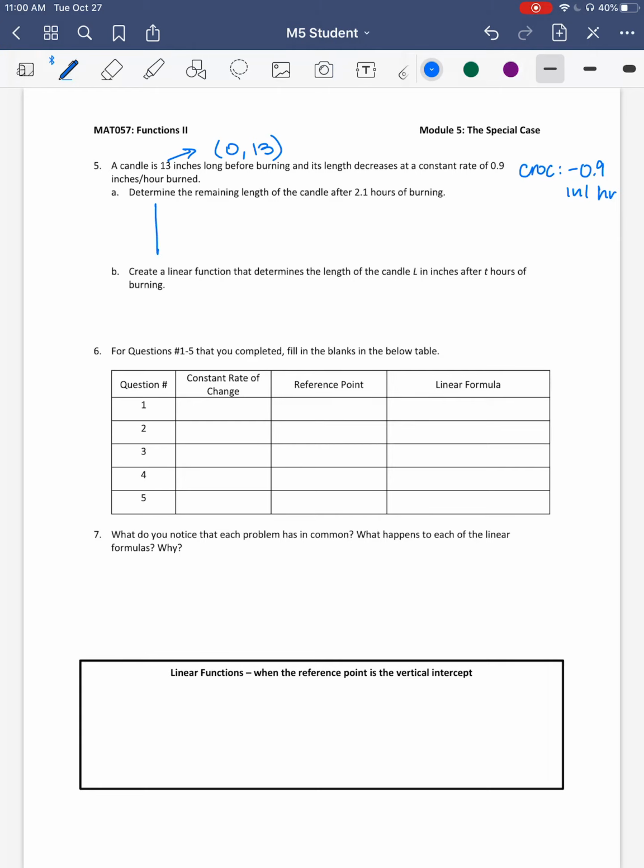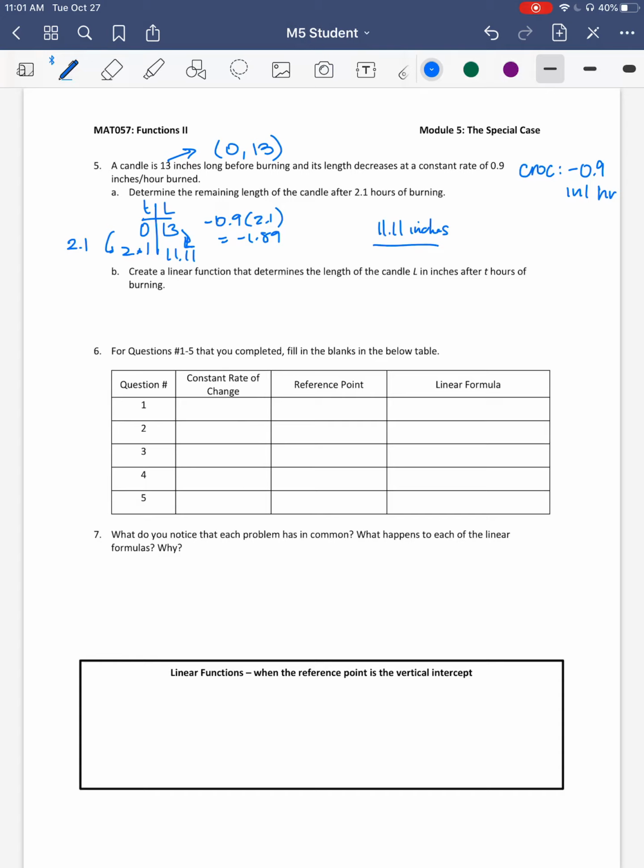So if I want to find out the length after 2.1 hours of burning, again, I'm just going to do the same process. There's a point, 0, 13. So 2.1 minus 0 is 2.1. So if we lose 0.9 inches per hour, we burned it for 2.1 hours. We have lost 1.89 inches. We started at 13, and so we are now at 11.11 inches long.